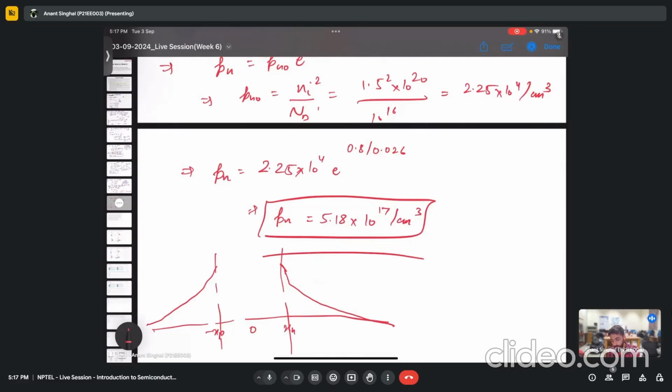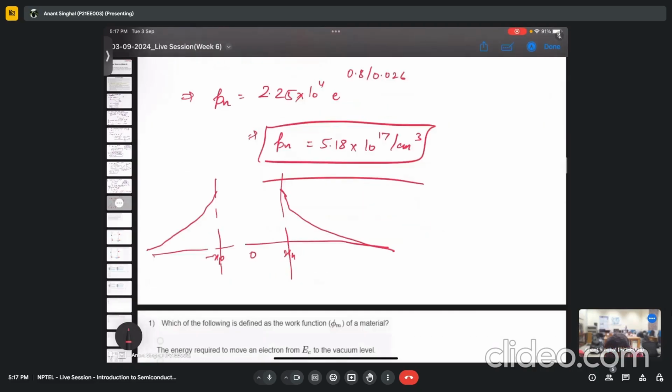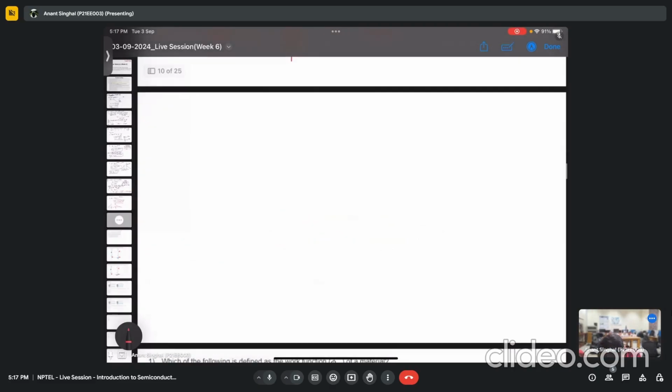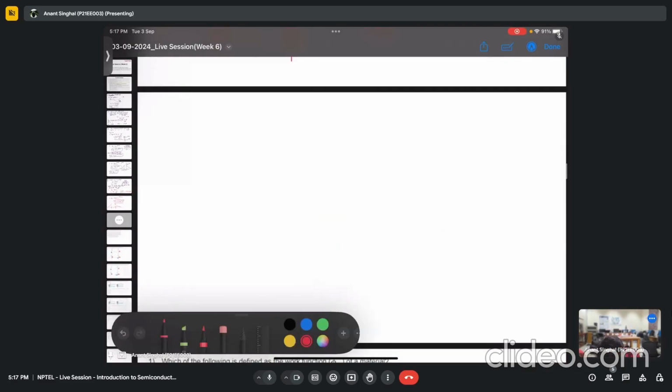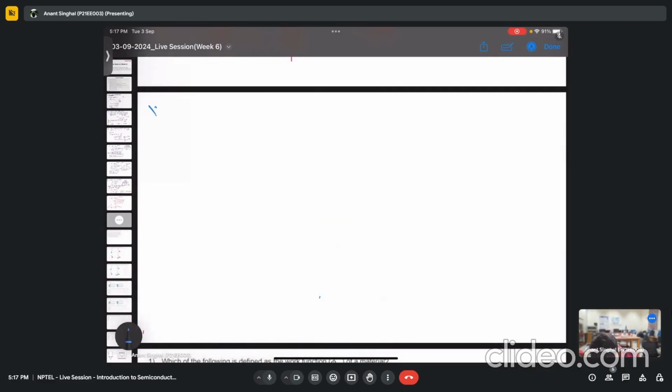Now we will be talking more about the main topic for this lecture, which is nothing but metal semiconductor contacts. So now we'll be talking about metal semiconductor junctions.